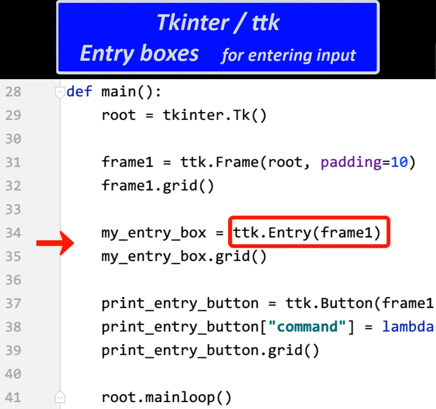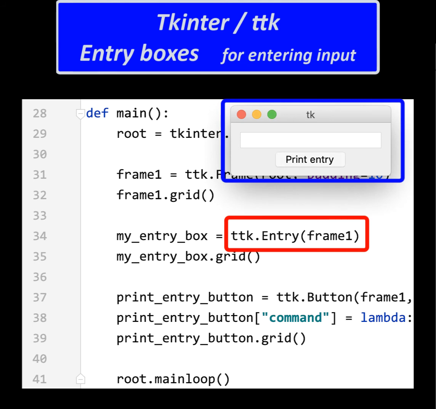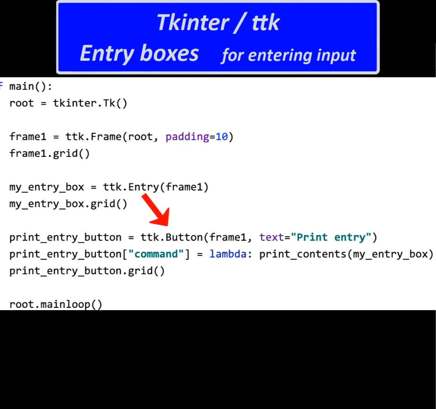Notice, by the way, how I'm defining my variable names to include the type of thing they are. My entry box for an entry, print entry button at line 37 for a button. Follow that style yourself. Let's run the program real quick. As we'd expect, we see an entry box show up, and then below that a button. Anyhow, line 37 makes a button as we've seen before, placing it on the frame with the words print entry on it, and then we define what happens when that button is pressed at line 38.